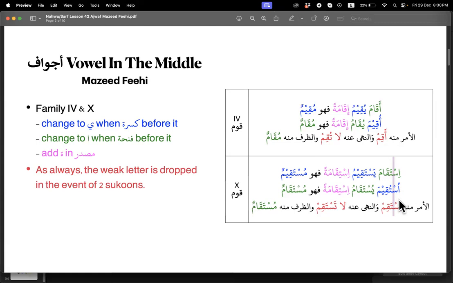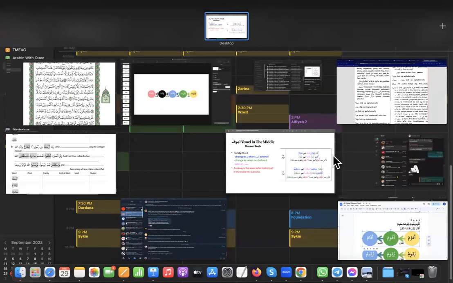So ustuqima, yustaqamu, and here mim dhamma and fathah on the qaf. Before we go on to family 7 and 8, let's do the Saraf Kabir.